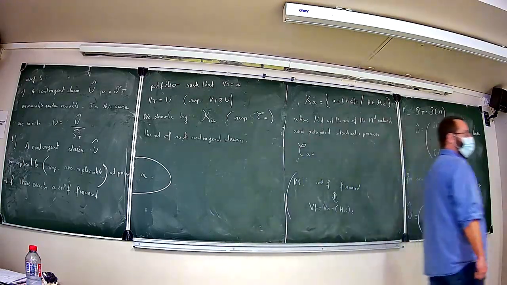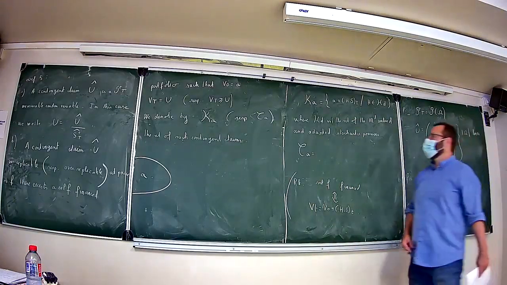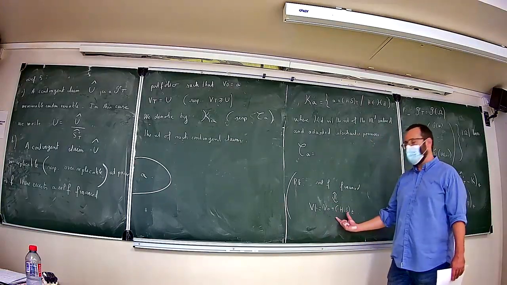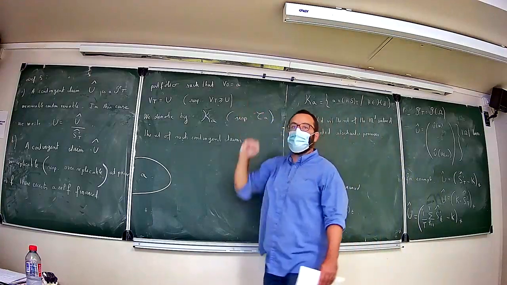Okay, that's what we have proved before the break. So if I am self-financed, V capital T will be my initial condition plus H S capital T. In this situation, my initial condition is small a.